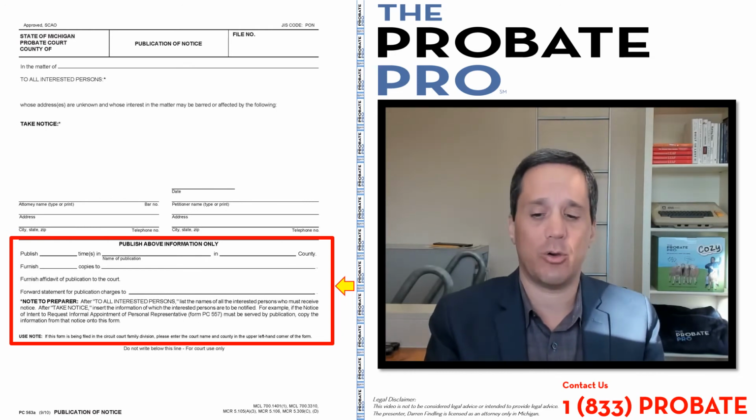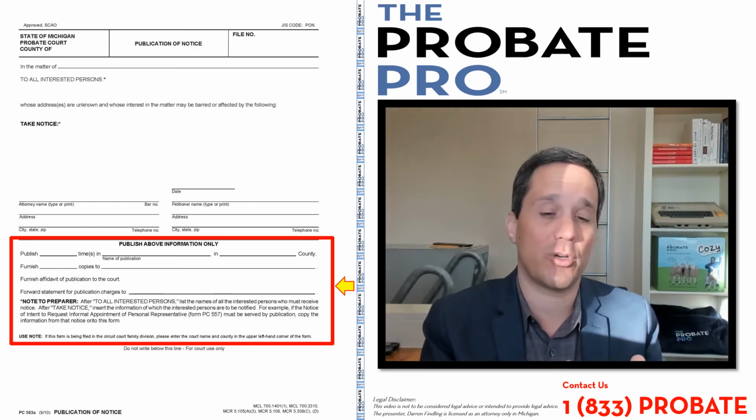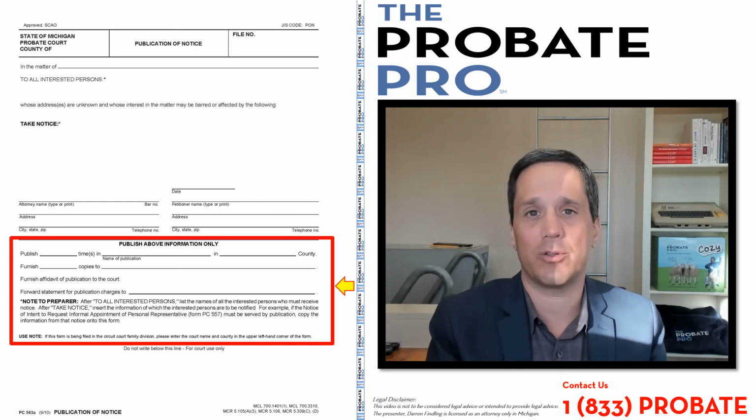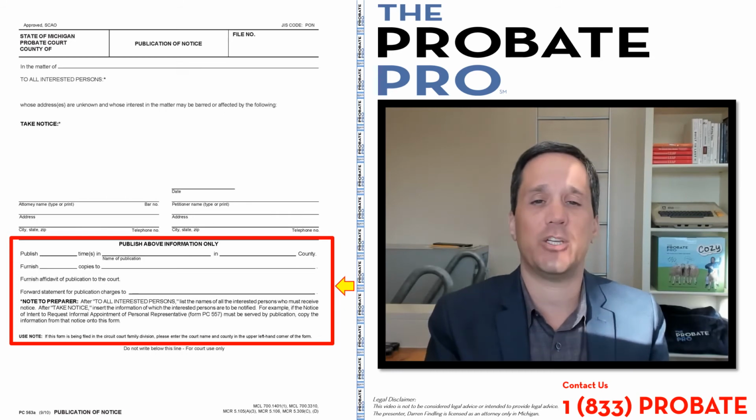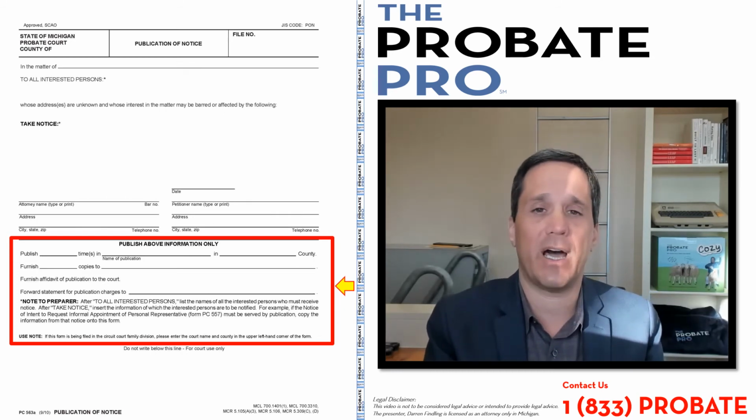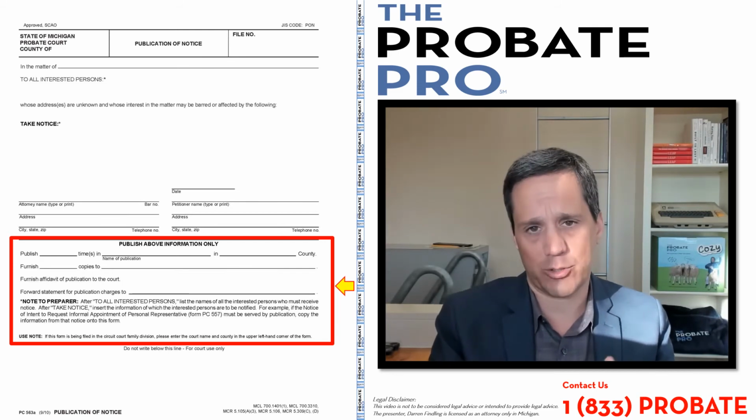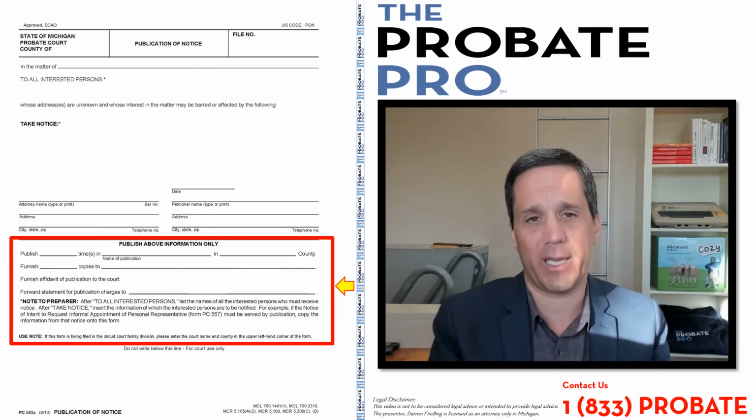For example, in Wayne County, there's a legal news called the Detroit Legal News. That's just an example of a publication that could be utilized depending on the circumstances. But it's really important, again, to consult with your attorney to make sure that you're publishing in the correct place.